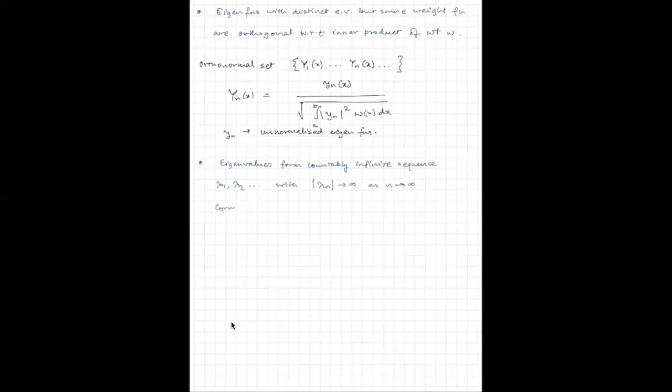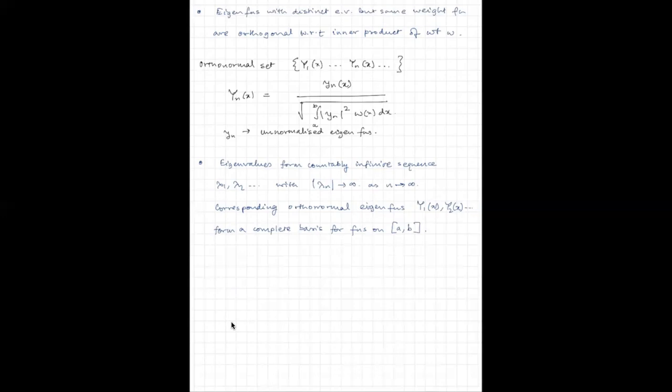The corresponding orthonormal eigenfunctions y1(x), y2(x), and so on form a complete basis for functions on a, b satisfying these particular boundary conditions.